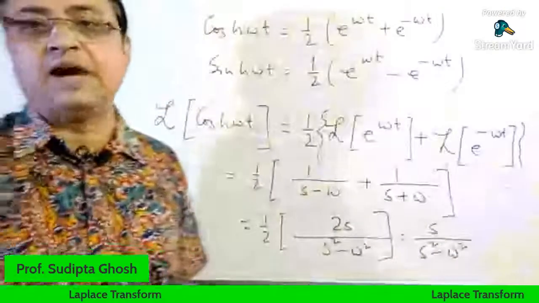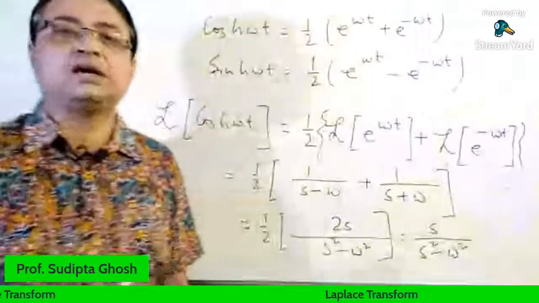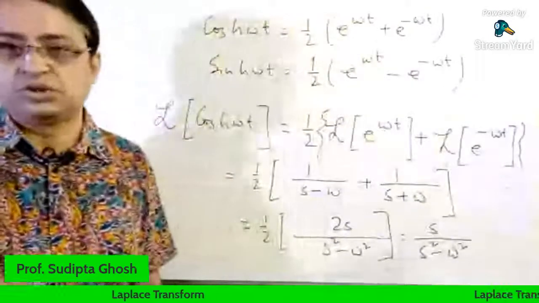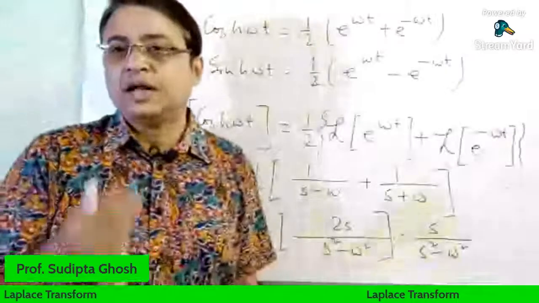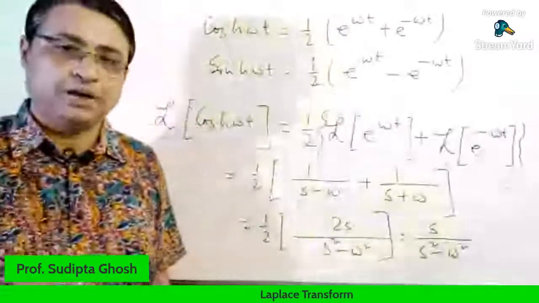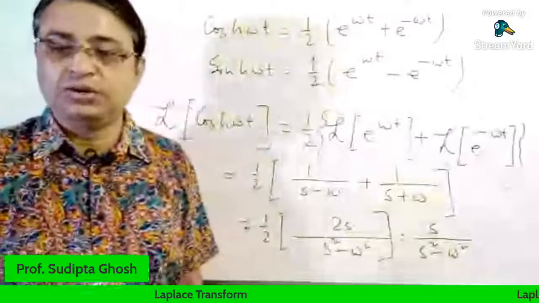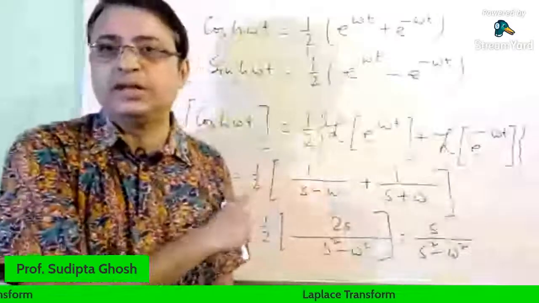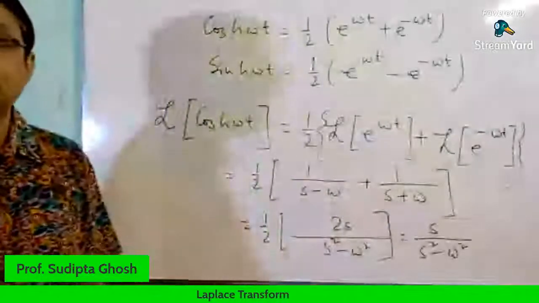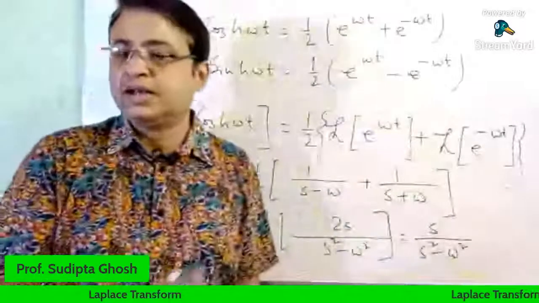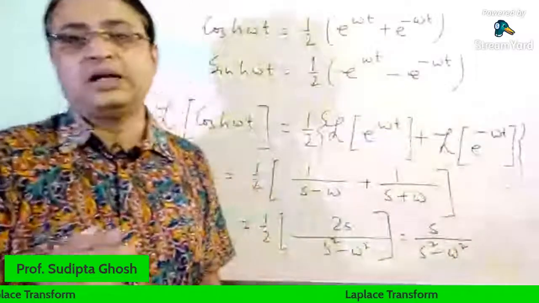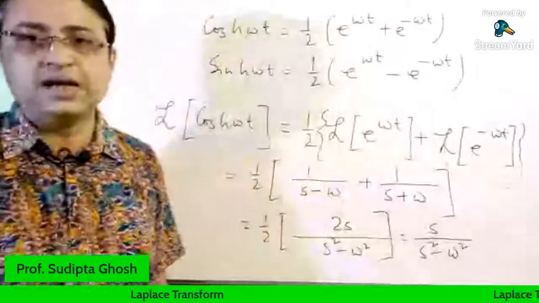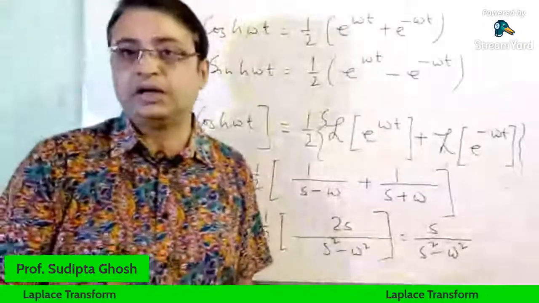After this live streaming, you can derive the function yourself and find the value. So the denominator for cos hyperbolic omega t and sine hyperbolic omega t is equal, and only the numerator changes: for cos hyperbolic it is s, and for sine hyperbolic omega t, the numerator becomes omega.